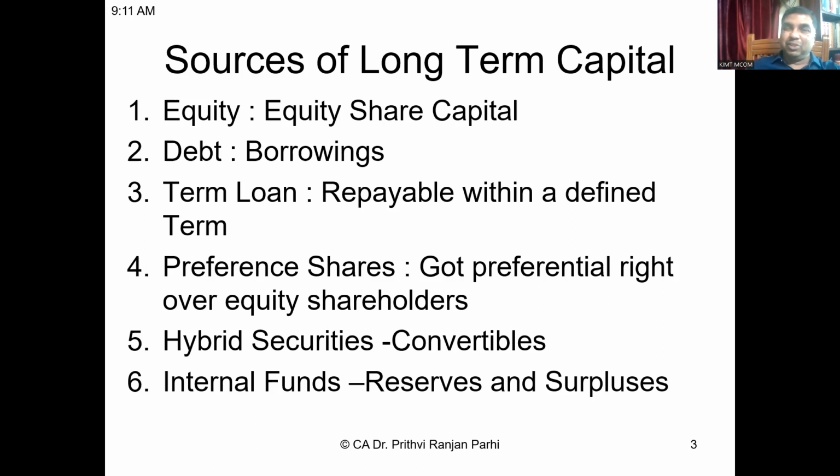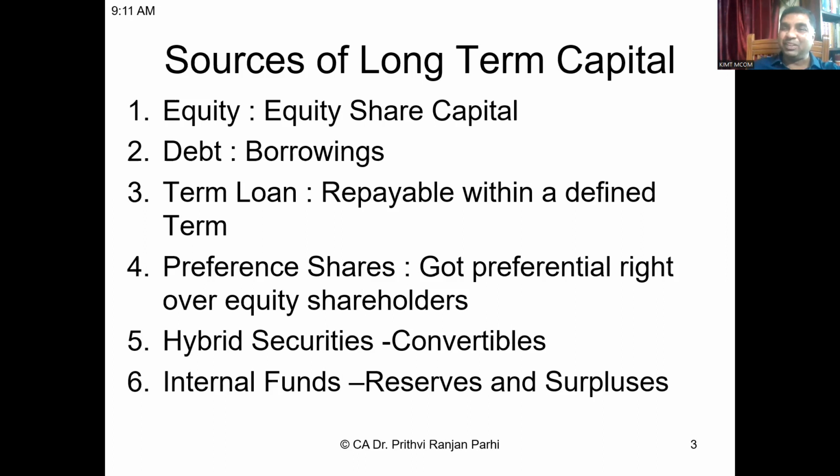Right? But how much an equity shareholder will be getting, no one knows that. It depends upon the profit. It depends upon the number of shareholders. But if it is a preference share, then how much the preference shareholders will get as dividend is known. Suppose it is a 10% preference share, then each preference shareholder will get 10% of the face value.